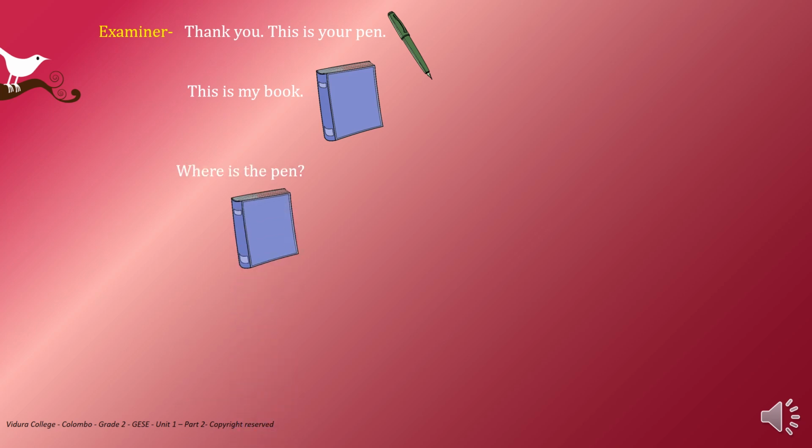He will keep the pen like this and then ask you, where is the pen? Then how are you going to give the answer? The pen is on your book, but you have to give the answer in a complete sentence, like, it's on your book. Good.